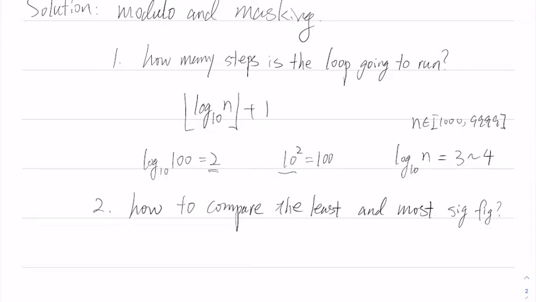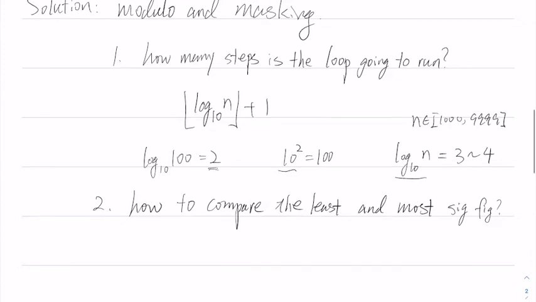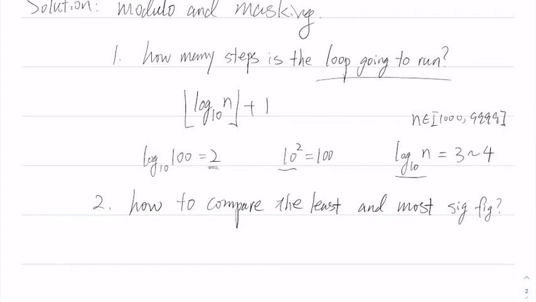So we have to do it 3 times, not 2 times. Similarly, in the thousands case, we always do it 4 times, not 3 times. So we always round down to 3, and then we add 1 to give us 4.